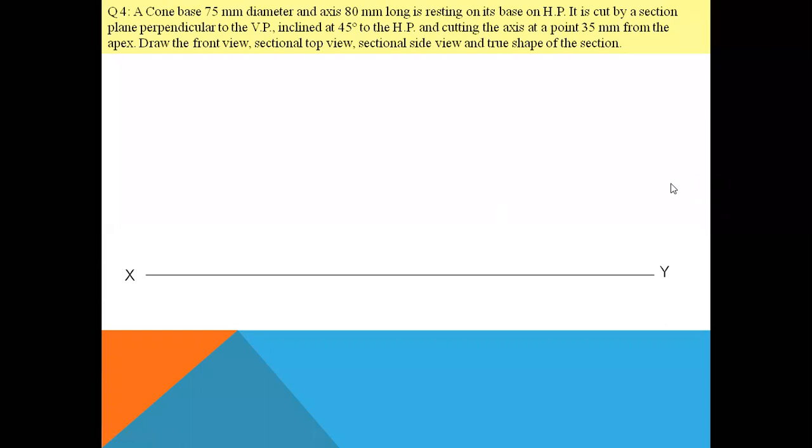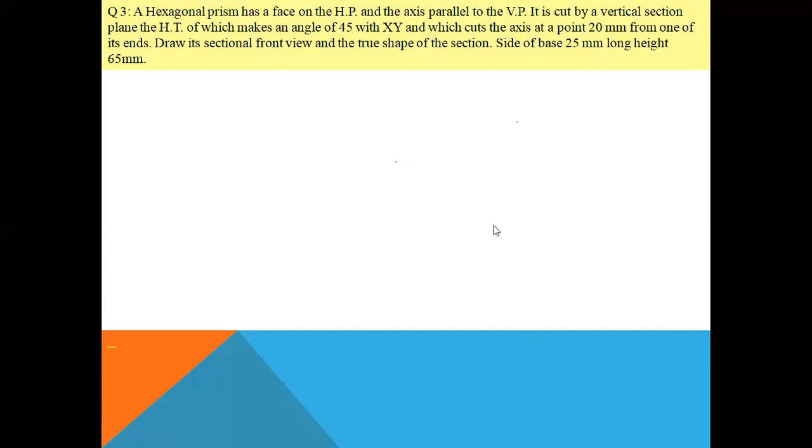First you read the question. It says that a cone of base 75 millimeter diameter and axis 80 millimeter long is resting on its base on the horizontal plane. It is cut by a section plane perpendicular to the vertical plane, inclined at 45 degrees to the horizontal plane. I'm not going into details. Please quickly see a few things which are very important here.